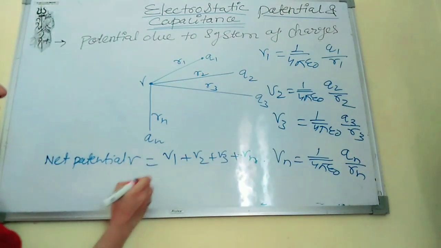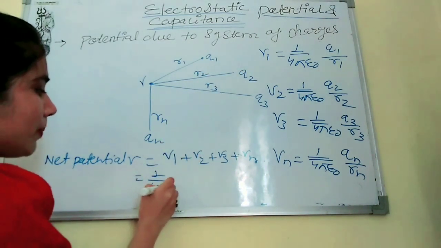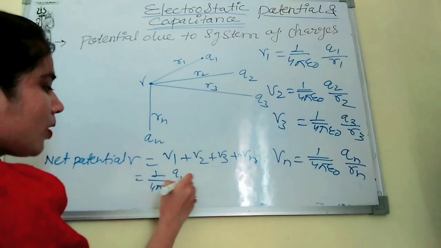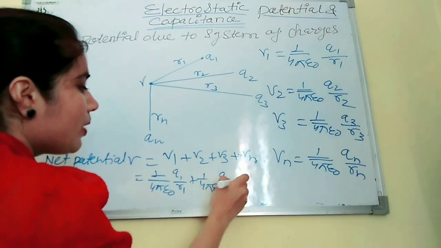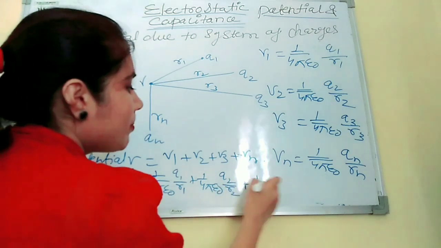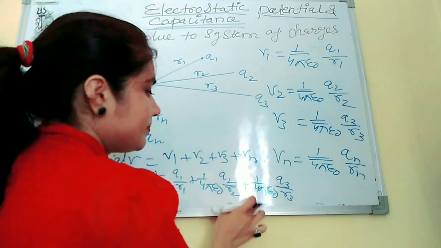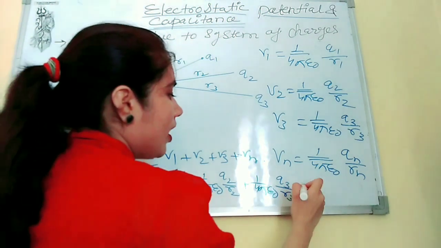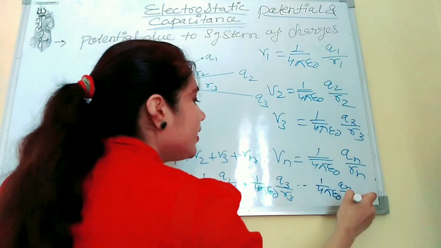Now we simply put in the values: 1 by 4 pi epsilon naught Q1 upon R1, plus 1 by 4 pi epsilon naught Q2 upon R2, plus 1 by 4 pi epsilon naught Q3 upon R3, up to 1 by 4 pi epsilon naught Qn upon Rn.